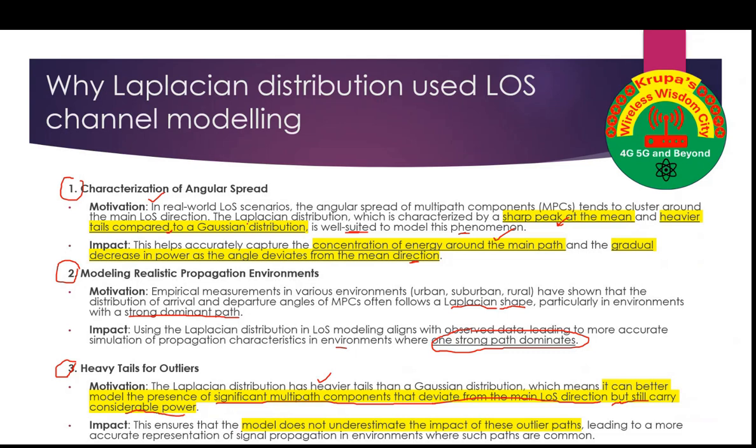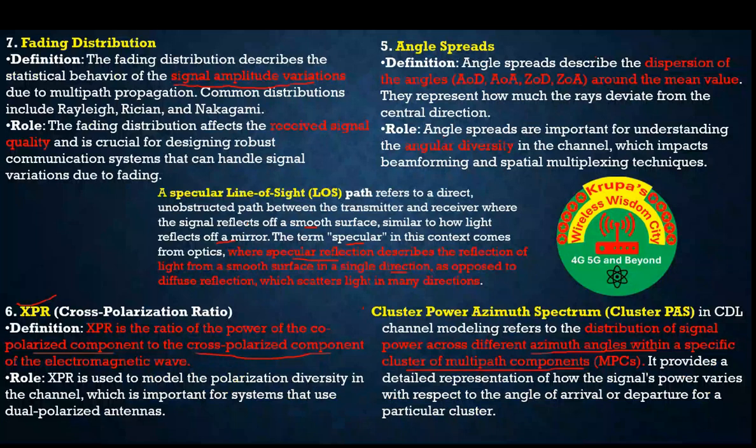We have covered in great detail the 3GPP governing parameters, CDL-A, B and C for NLOS dominant channels, and CDL-D and E for LOS dominant channels, and we very categorically discussed why the Laplacian was selected for D and E.